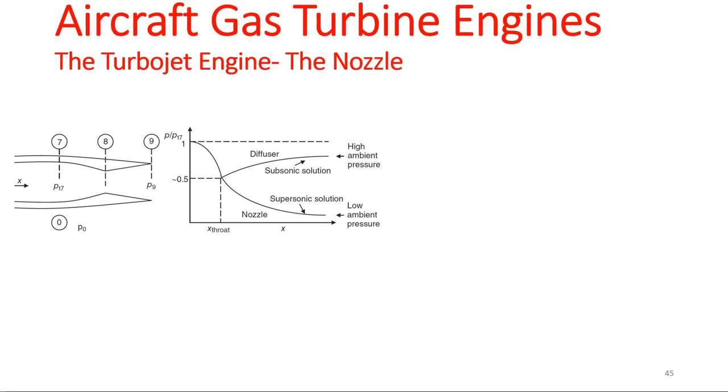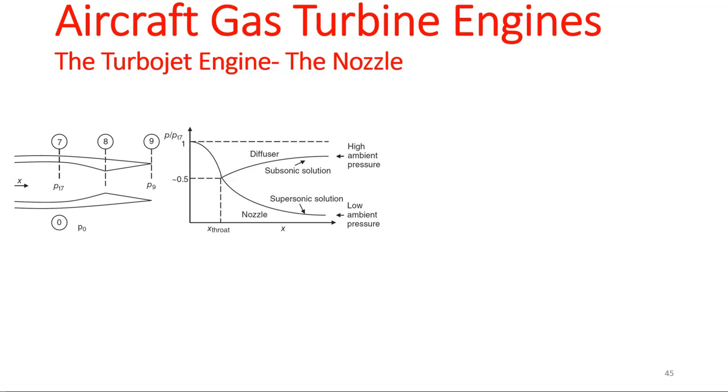If you have a very high back pressure, what's going to happen is that after the throat area, after the choking, your divergent part of the nozzle will act as a diffuser, right? So you're going to get some expansion, and then you will have a subsonic solution. The flow adjustment will be in a way that you get a subsonic solution after the throat, and your pressure is going to increase compared to the throat.